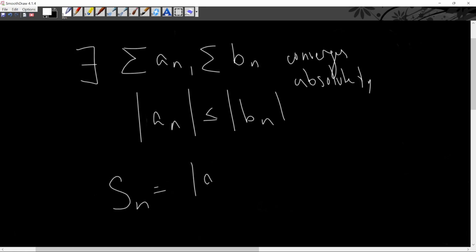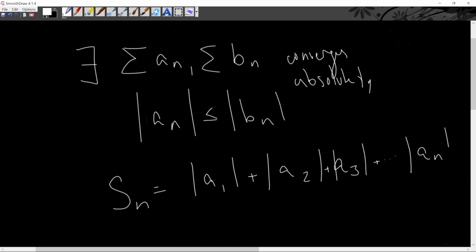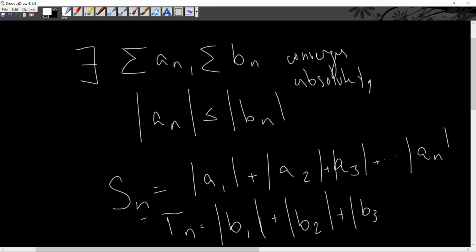is equal to the absolute value of A sub 1, A2, A3, and on until you get to A sub n, right? Because you're summing up to n, and T n, the sum up to n terms for B sub n, or the second sequence, is going to be B1 plus B2 plus B3, and up until you get to B sub n, right?